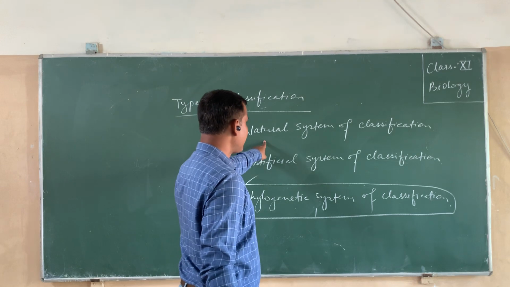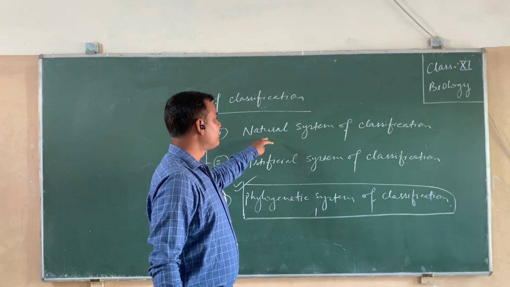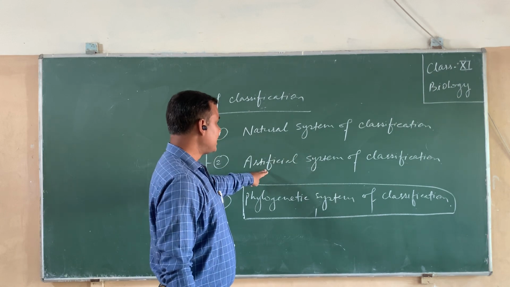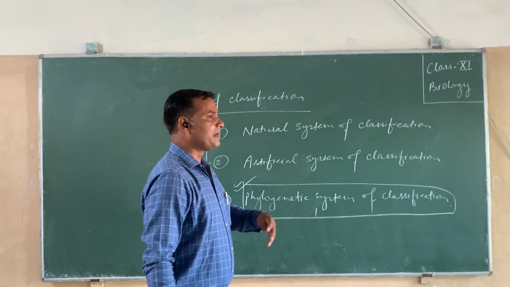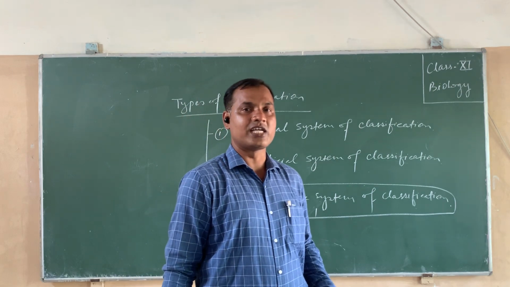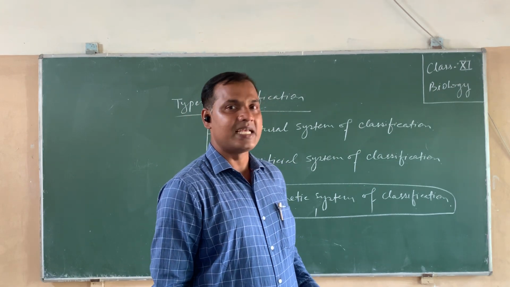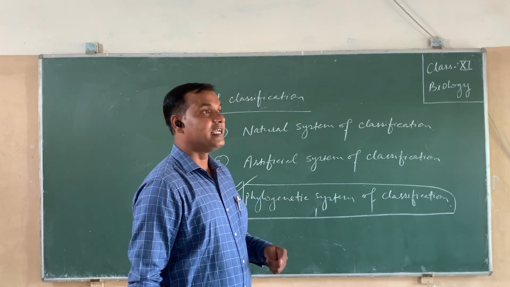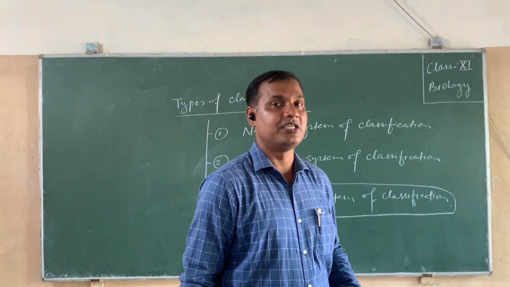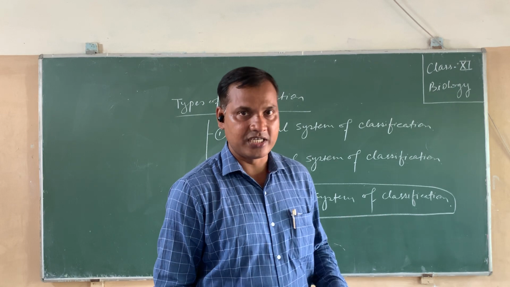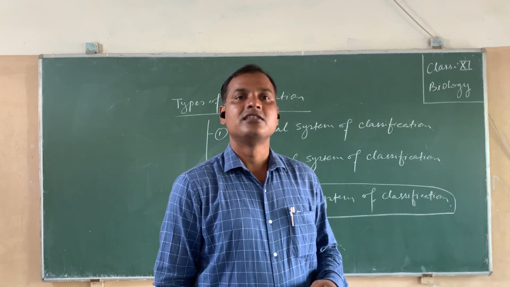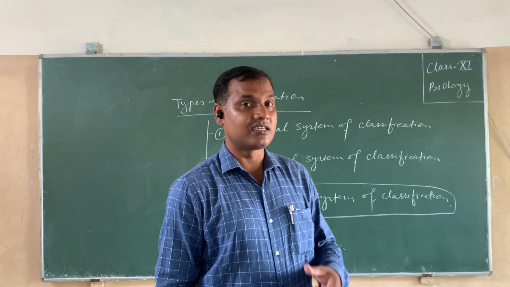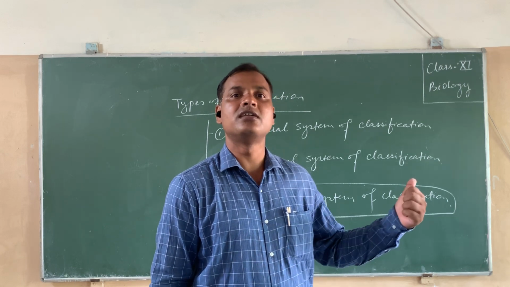In the natural system of classification, the natural properties, the natural features were taken as parameters. In artificial system of classification, some parameters were made by the scientists to classify the organism in same group or in different groups. In phylogenetic system of classification, the ancestral history was taken as the parameter. The term phylogeny itself explains the ancestral history of present-day organisms, which relates the characters of the present-day organism to their ancestors.